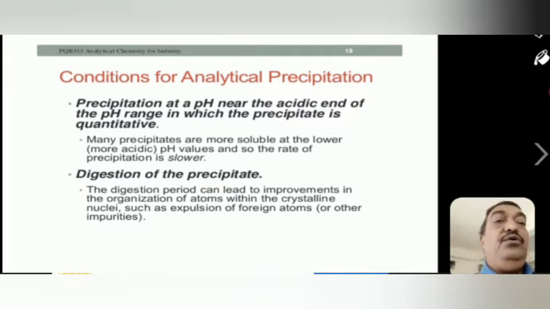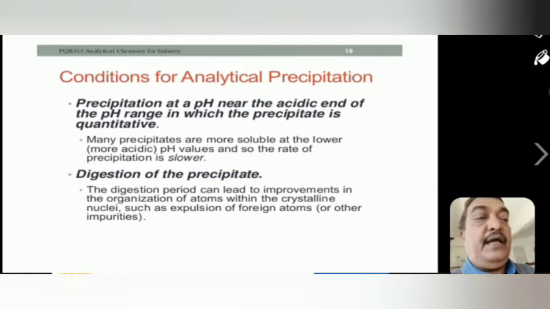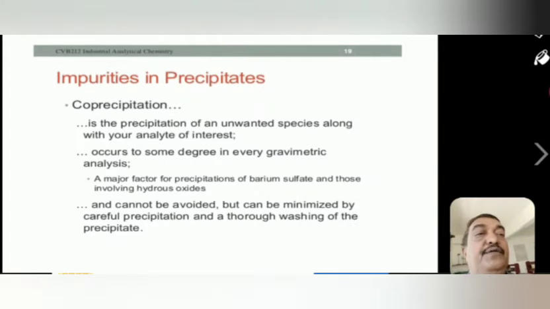When the precipitation is to be carried out, one has to remember that the pH of the solution must be acidic, that is below 7, and that is a more preferable condition to have an ideal precipitation reaction. Then digestion of the precipitate. When the digestion is to be carried out, acidic conditions with high temperature are preferable for the precipitation.